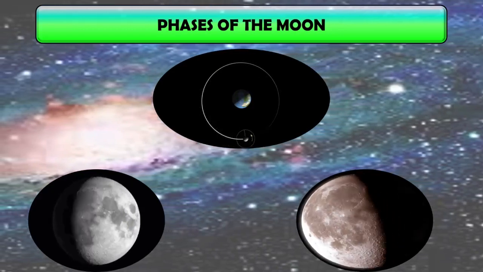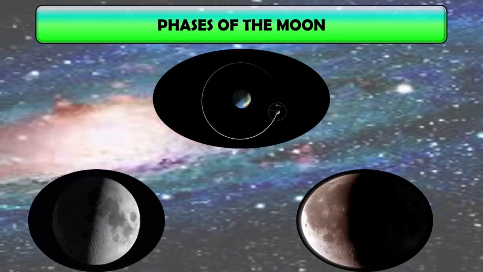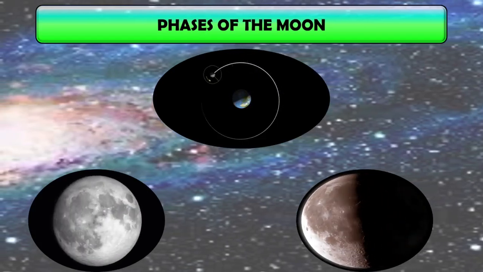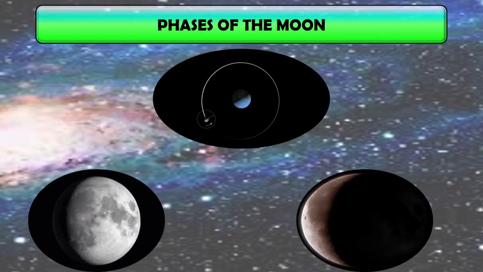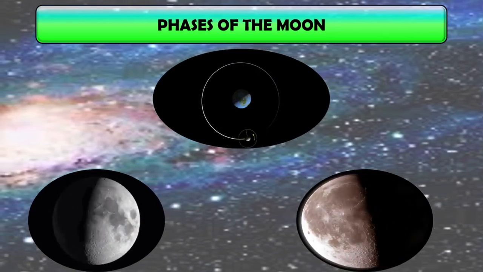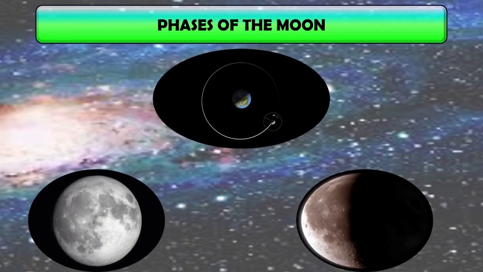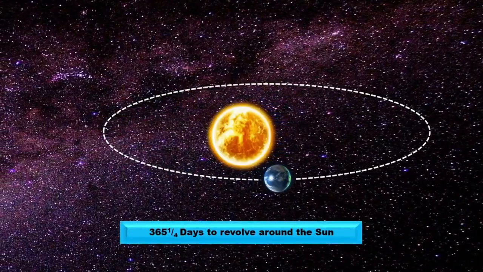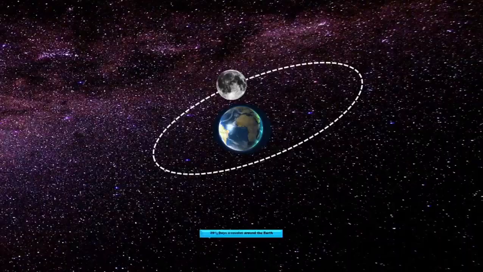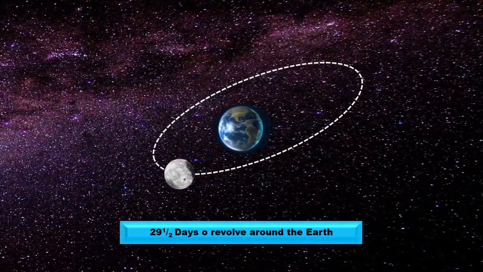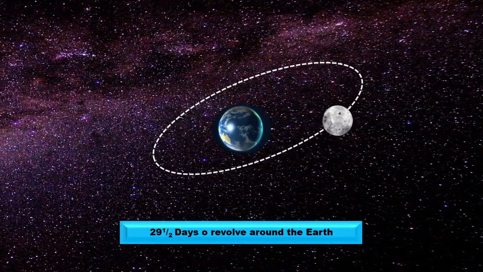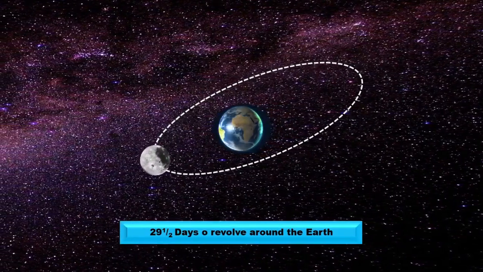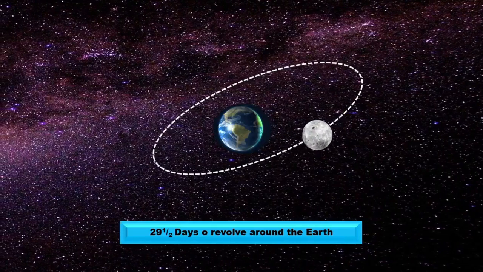As we discussed earlier, the moon orbits around the earth much like the earth orbits around the sun. However, the earth takes 365 days to complete one revolution around the sun, that is 1 year. The moon completes its revolution in 29.5 days or about 1 month.